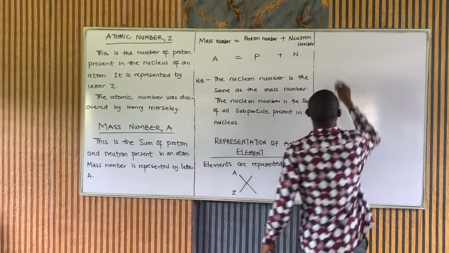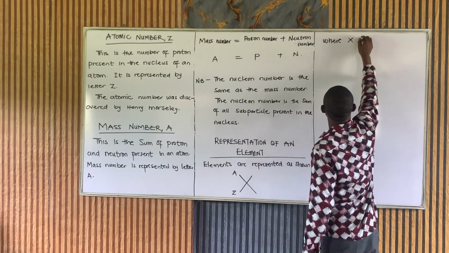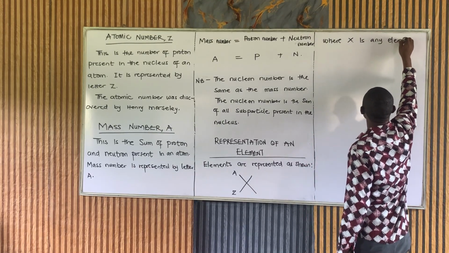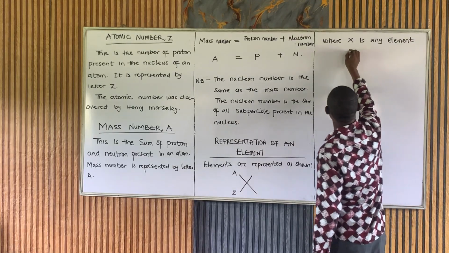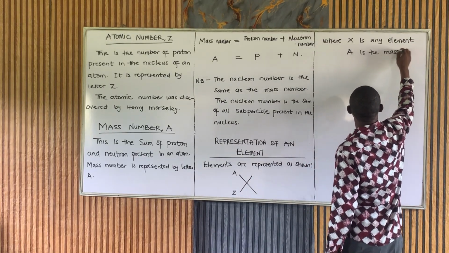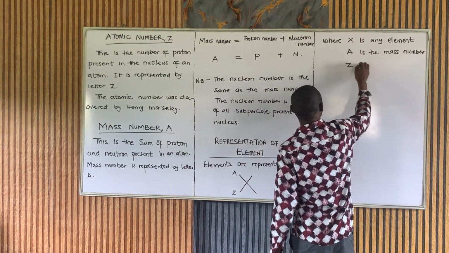So X is any element, A is the mass number, and Z is the atomic number.